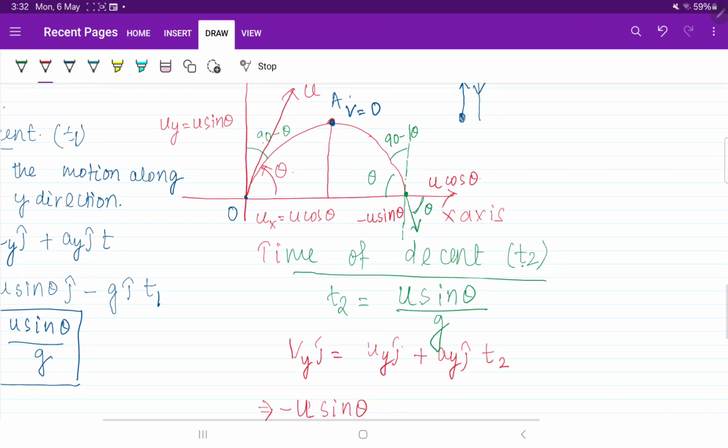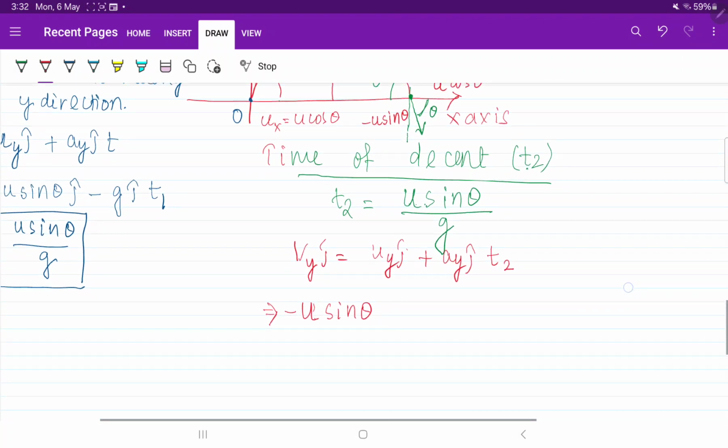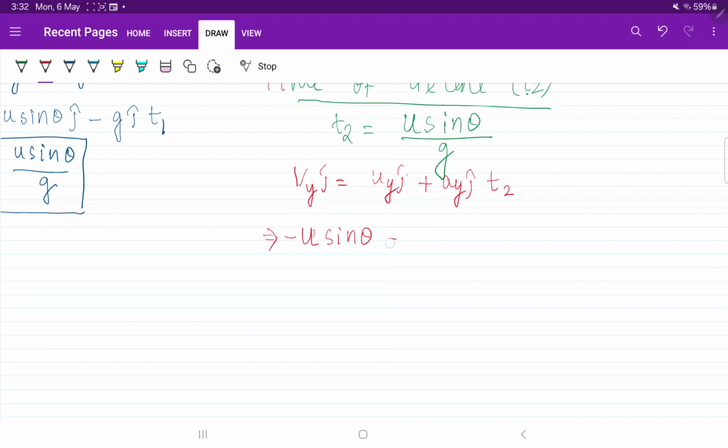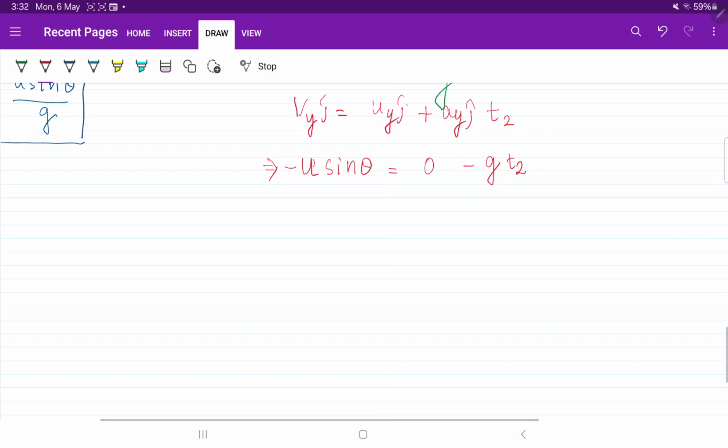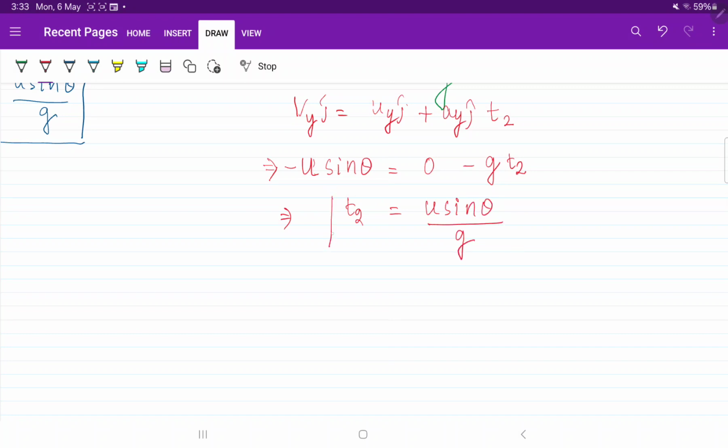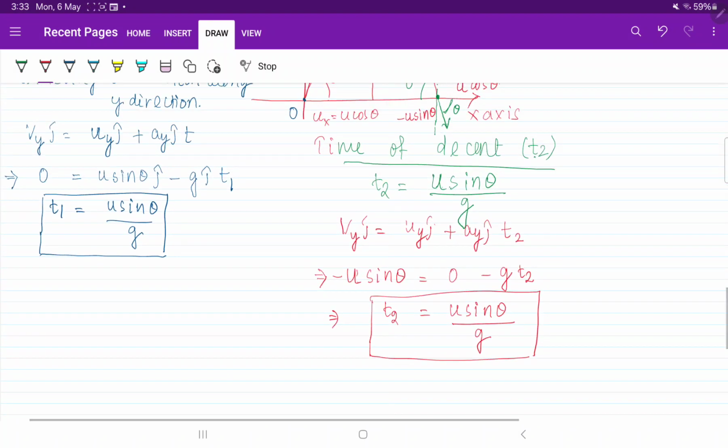as we are only taking the y component, and initial velocity is 0, and acceleration is negative g as it is going downward at that point, so it will be time t2. So t2 will be simply u sin theta by g. So this is the simplest expression that we can find using the kinematics equations of motion.